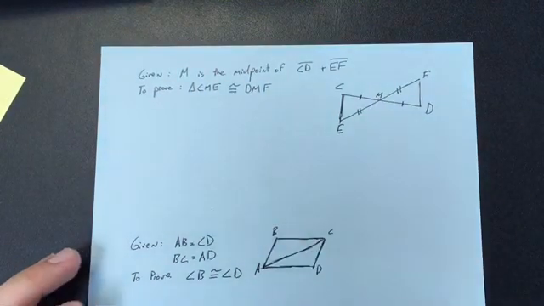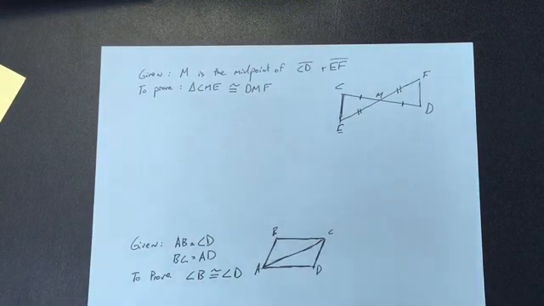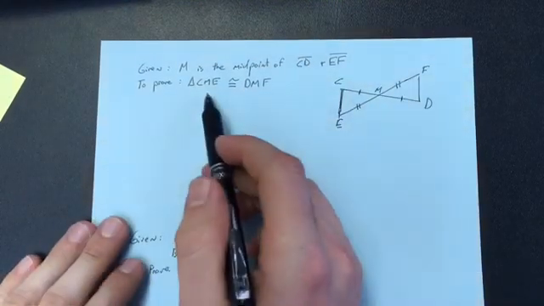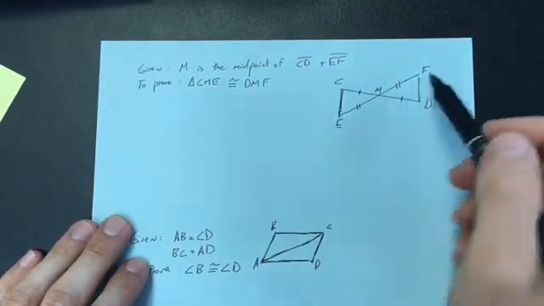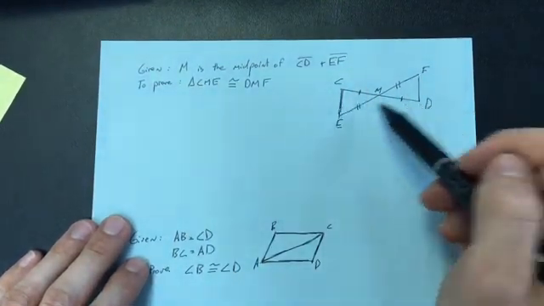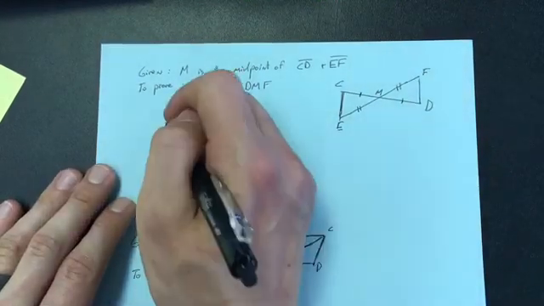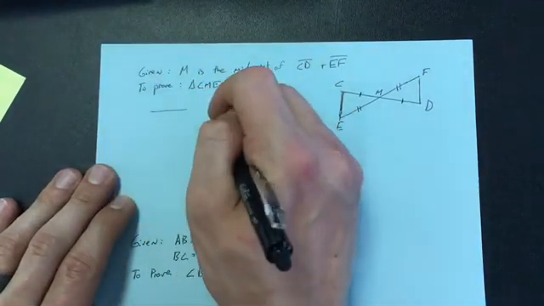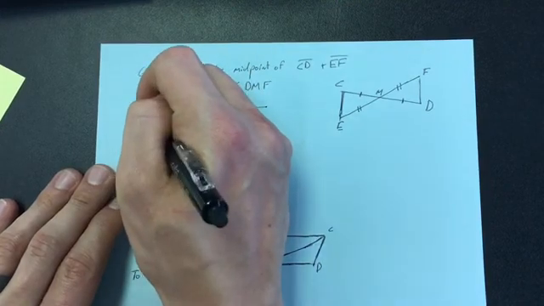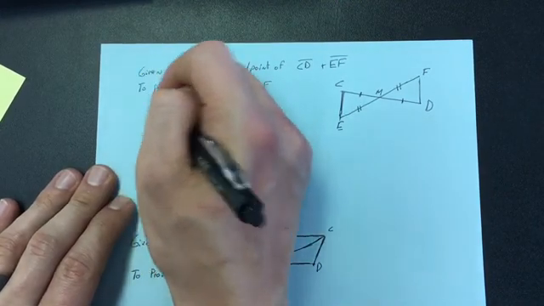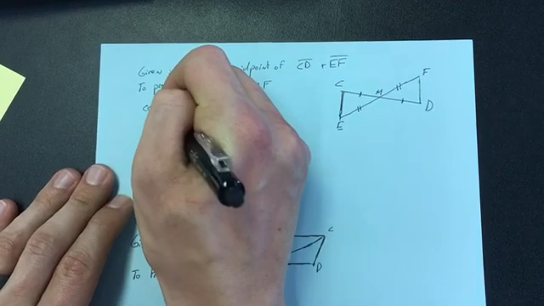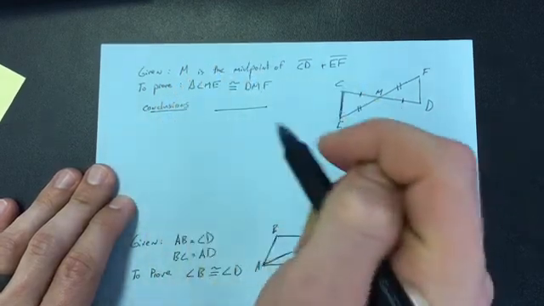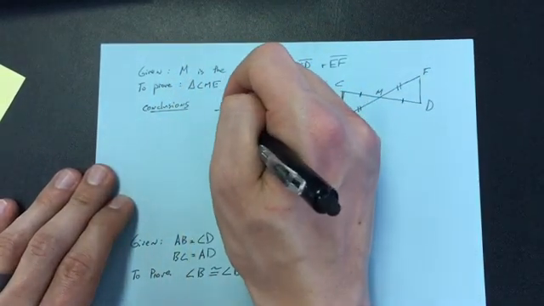Okay, so we've got that drawn. And we want to prove that triangle CME is congruent to triangle DMF. So let's make our two columns again. Our left column is going to be, say it in your head with me, conclusions. And our right column is going to be justifications.